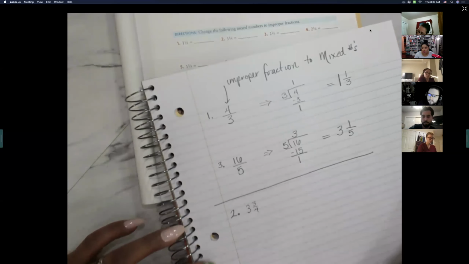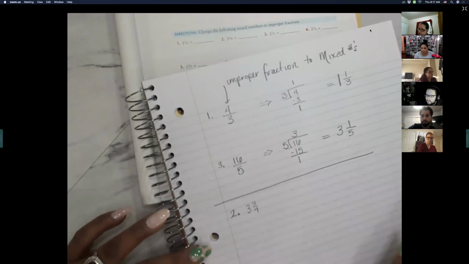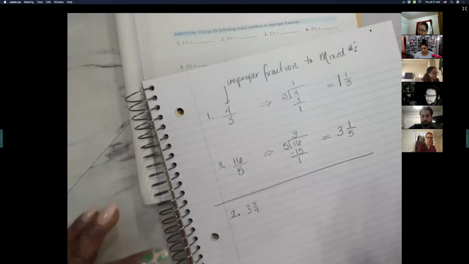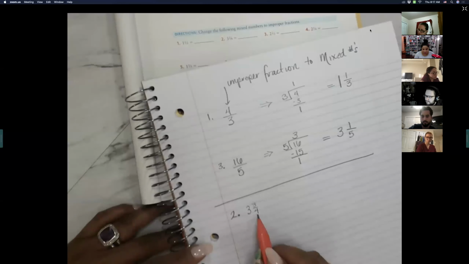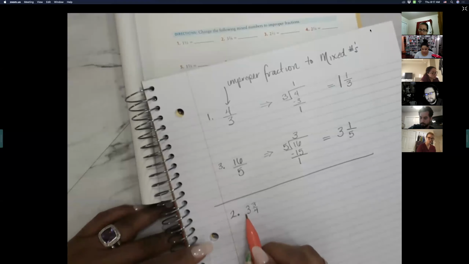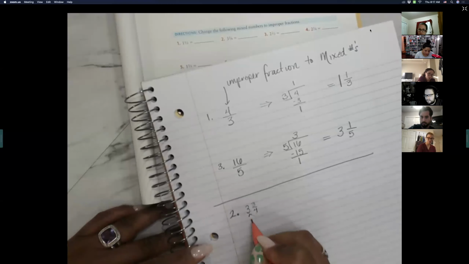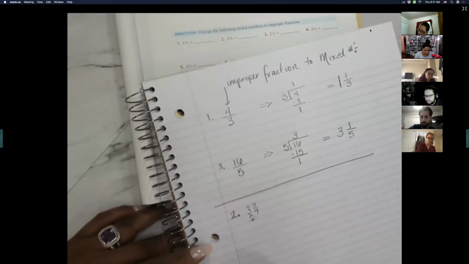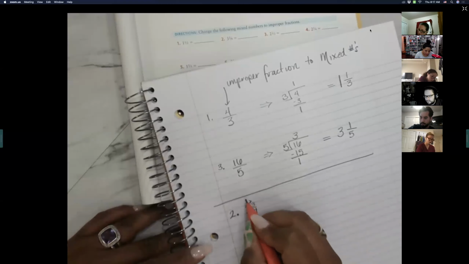Okay, so the best and easiest way I can explain this to you guys is it's a triangle. I'm going to walk you through the triangle. So the denominator is 4. So we take 4 times the 3, our whole number in front. So 4 times 3 is 12. This is multiplication. And then when we move to the top number, we add.